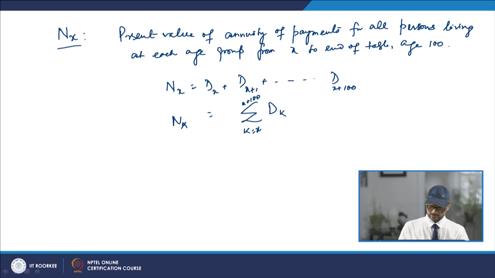Suppose for every person of 70 years, the annuity of each person is computed as 500 per year. Now, in that case what you do is we are going back to that age group, and we are calculating this annuity by multiplying with the N70, and N70 can be computed from the table.